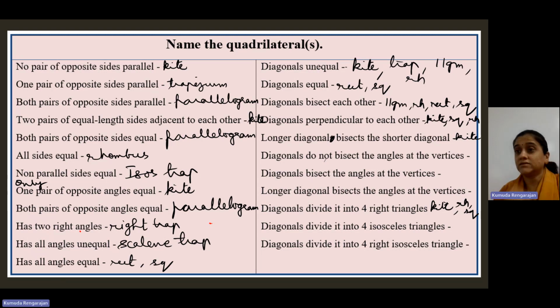Rectangle is correct, square also. 4 isosceles right triangles: only square.